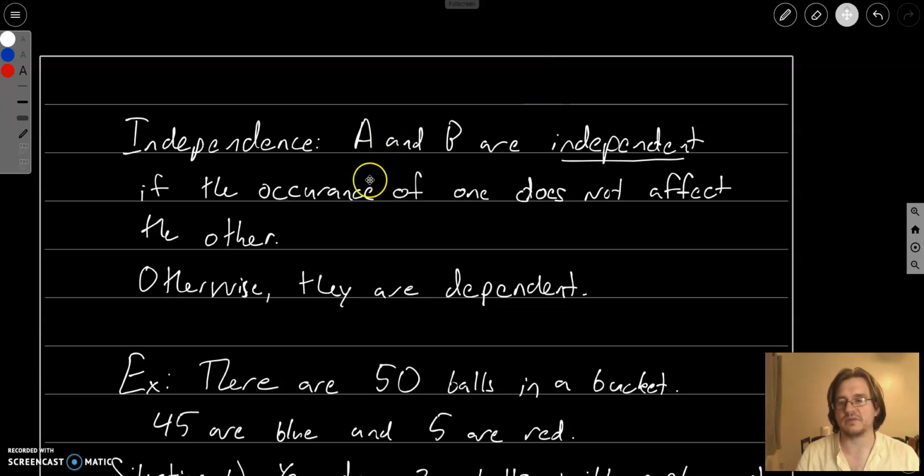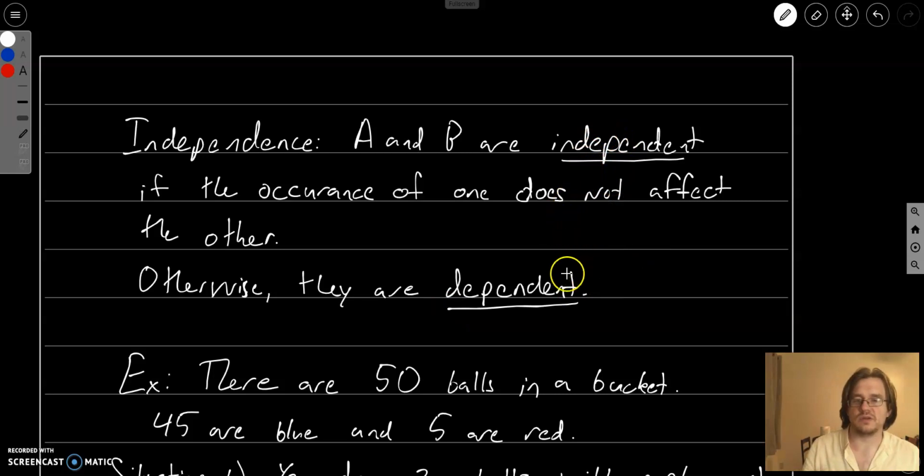Well, whatever I flip on the first coin doesn't affect the flip on the second coin, and this is called independence. So we say that A and B are independent, specifically if the probability that A occurs doesn't affect the probability that B occurs. They may interact with one another, but their probabilities are not affected. If their probabilities are affected, they're just called dependent.